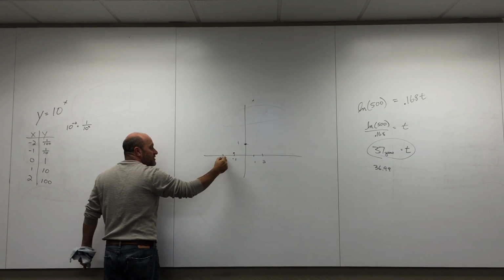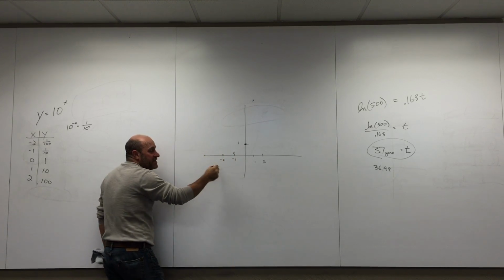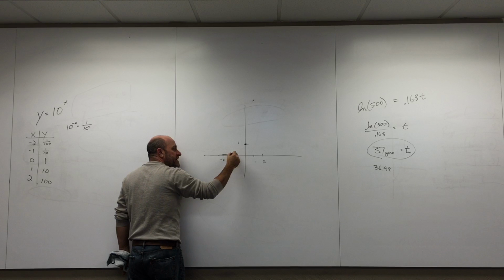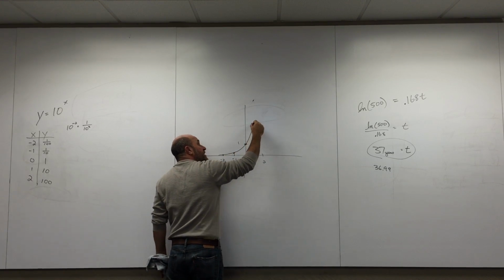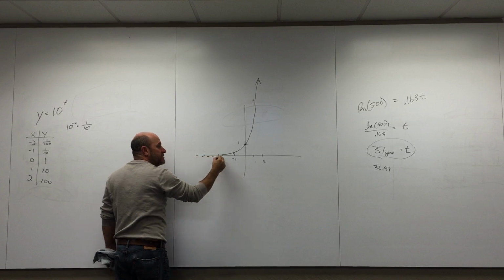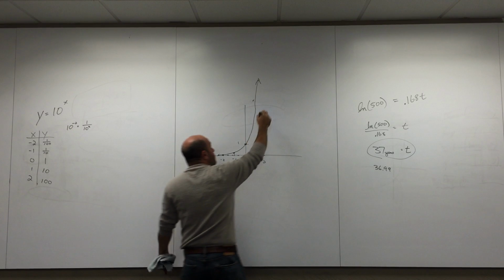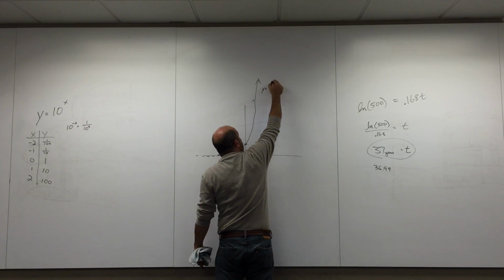At -2 it was, wow, 1/100th. See, it gets small, but it never touches that x-axis. It's classic exponential growth, but very steep. There's an asymptote here, and there's a picture of good old y equals 10 to the x.